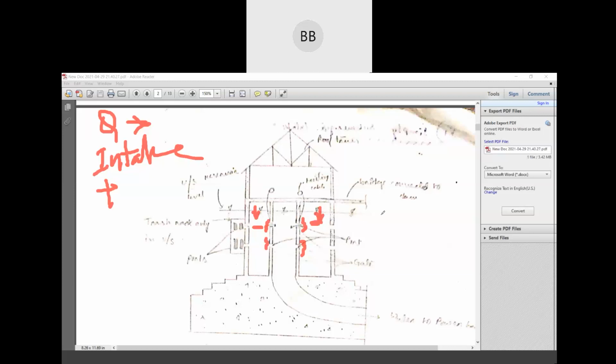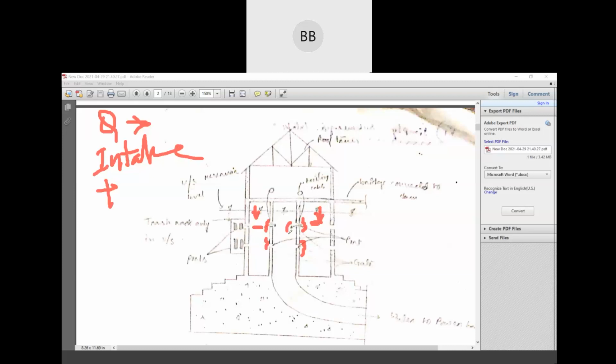Because of that fluctuation, we cannot allow the water to flow to the powerhouse. First we need to minimize the fluctuation of water from the reservoir, so we allow it to settle down in the first chamber, then we open the gates by using the hoisting cable.